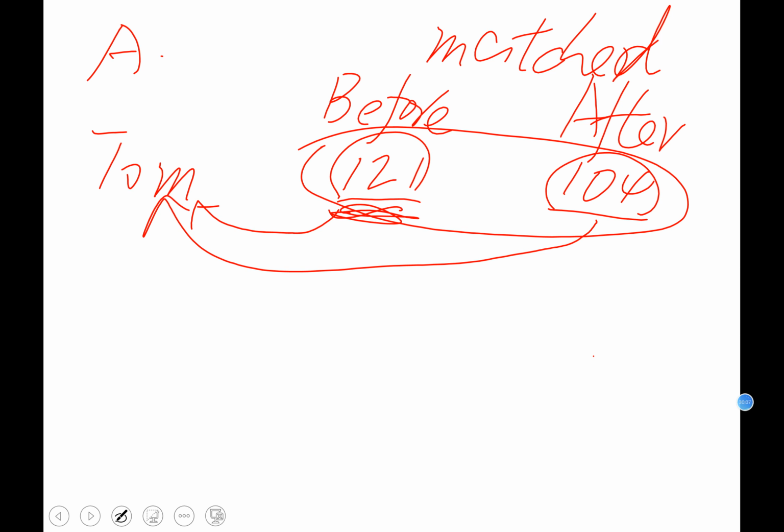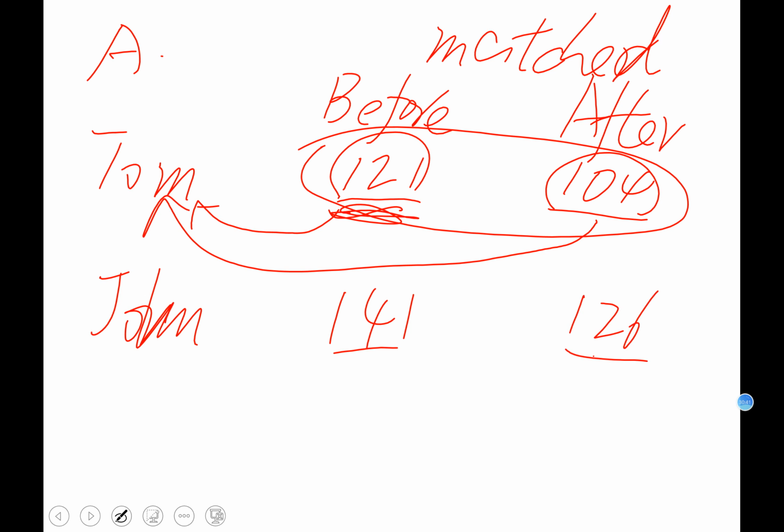Okay. So here is another person, for example, John. We measure his blood pressure before, 141, and after he used the medicine, we measure it again, that is 126. These two numbers are from the same person too, but not Tom.